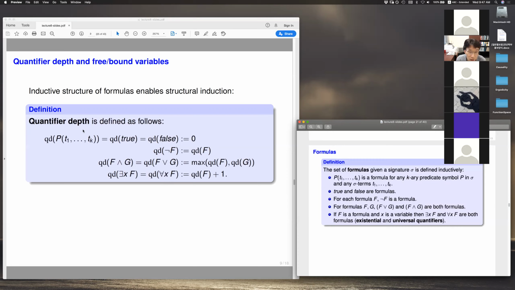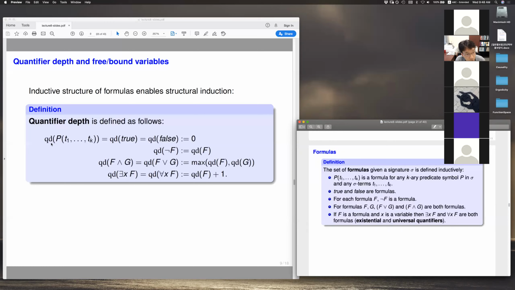Okay. So one example is the definition of quantifier depth. This concept is not that important, but it is mainly here to give an illustration of how you can use induction to define something over formulas. Quantifier depth tries to count the maximum nesting of quantification in a given formula.